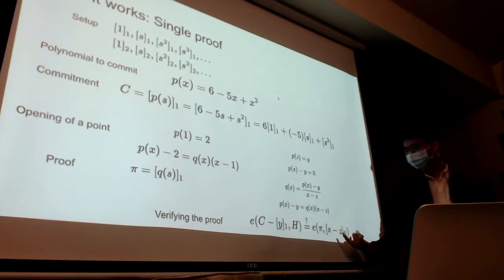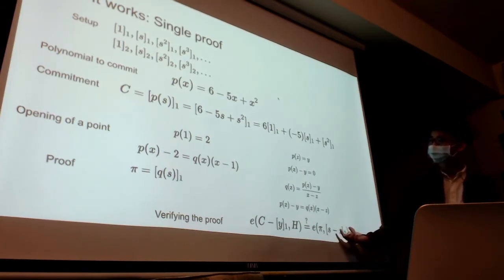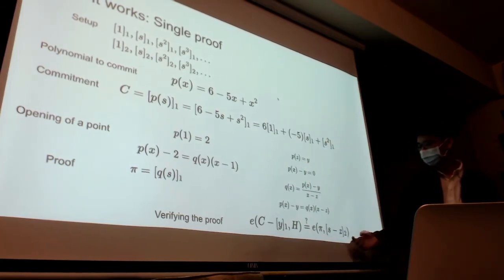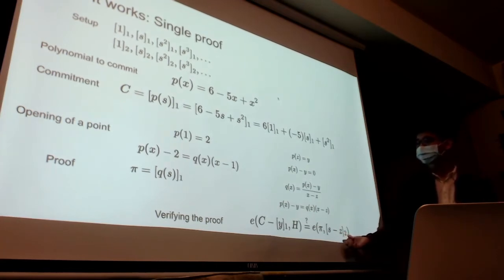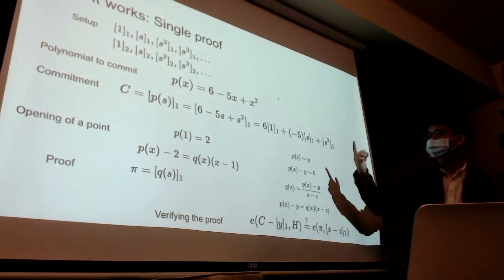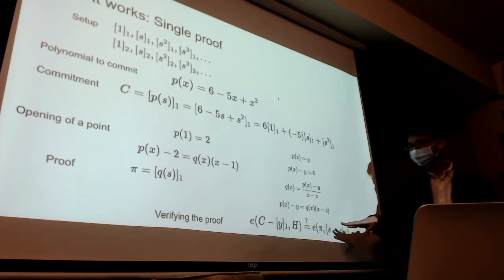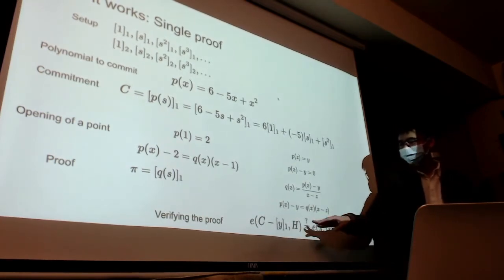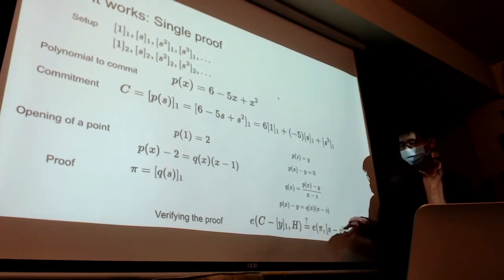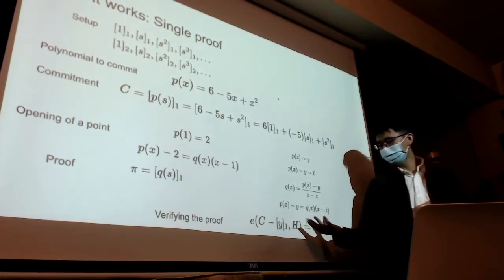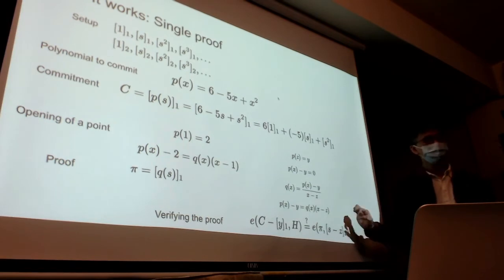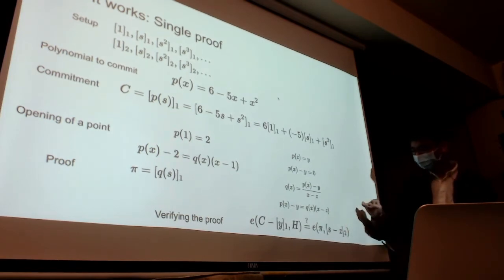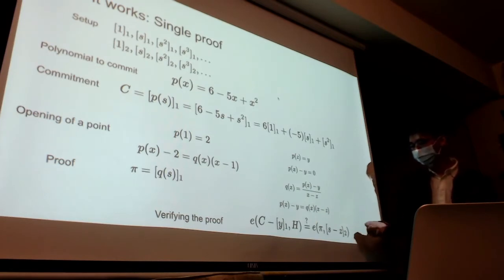And this group element is actually S2 minus Z times S. So if this pairing formula equals to each other, then the proof is valid. And why is that the case?